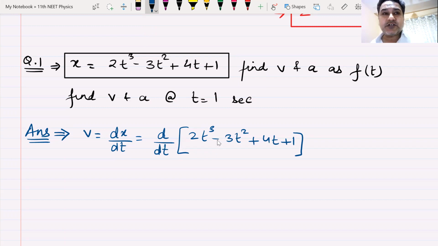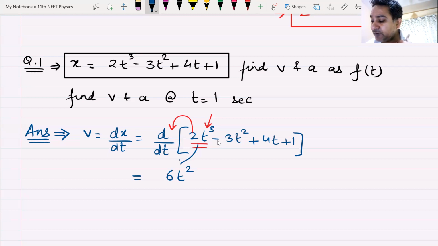So now the entire question is calculating the derivative of this. How do I calculate the derivative of 2t cube? 2 jumps out. Derivative of t cube is 3t square. So the derivative of 2t cube is 2 into 3, 6t square.